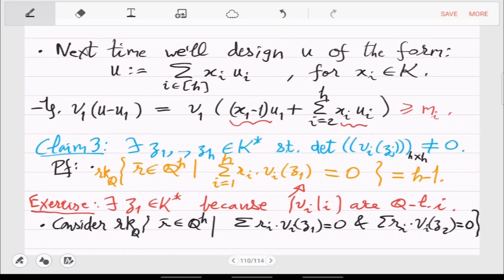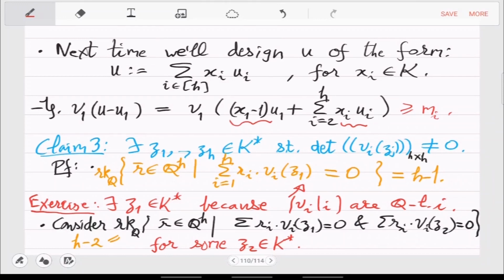And the claim is that this is equal to H minus 2 for some Z2 in K star.